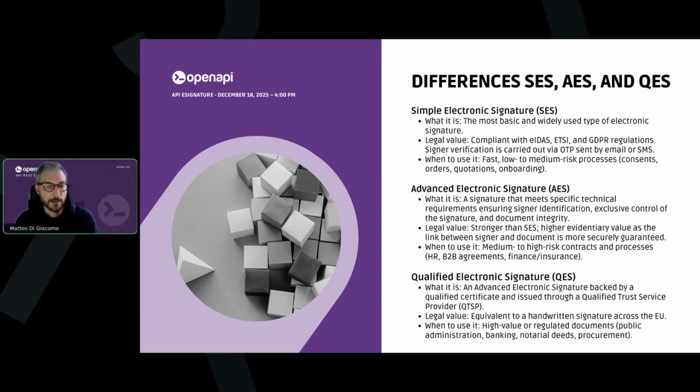It's similar to a handwritten signature. It is valid in the entire EU and certifies the signer completely, and it is used for legal acts, for documents of high relevance with regulatory obligations like banking or notarial acts or others.